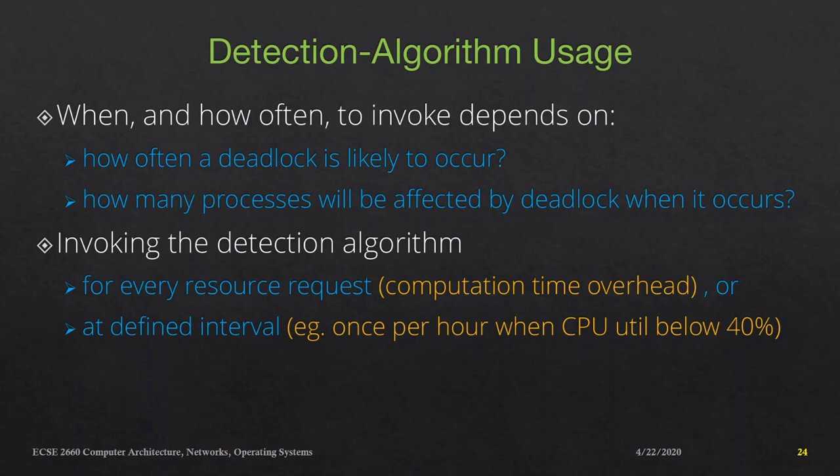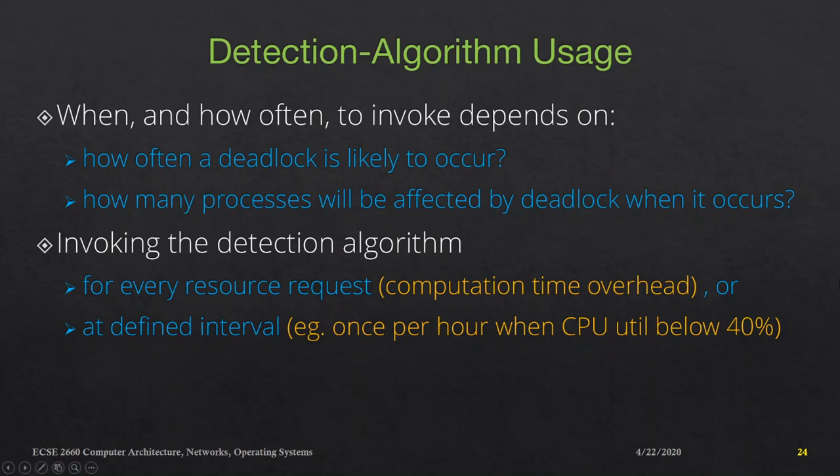Instead we can perhaps run the detection algorithm at a defined interval, maybe once every hour or when the CPU utilization goes below 40%. If a system is in the deadlock state, the CPU utilization will go down because the number of processes that are able to finish in a given amount of time goes down.